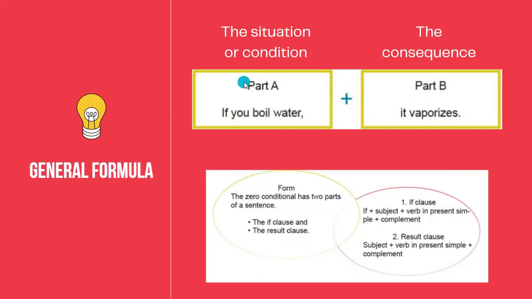Part A is the condition, which is if you boil water, and part B is the consequence, it vaporizes. Part A will always have a word, it could be if, when, or unless, to indicate the condition.